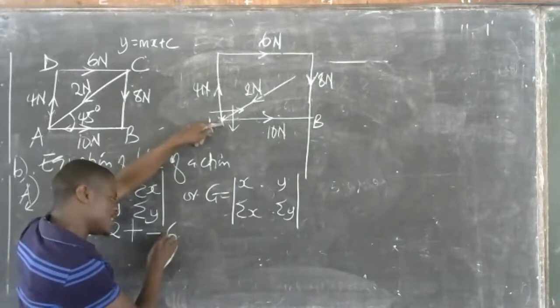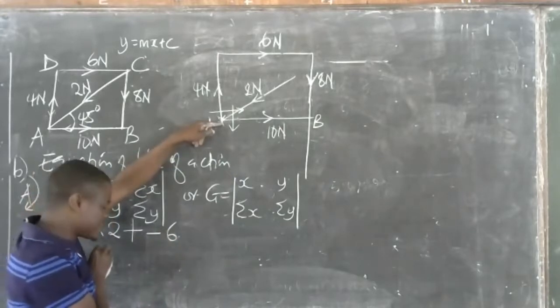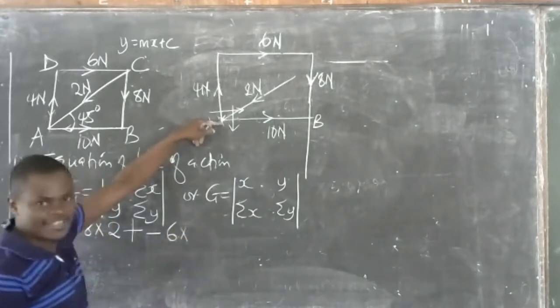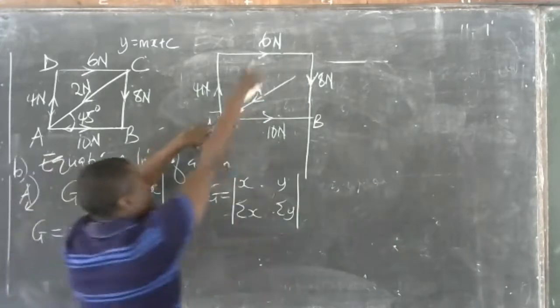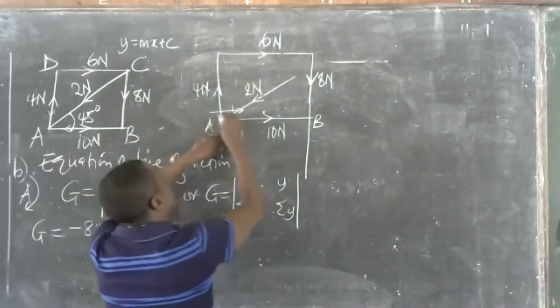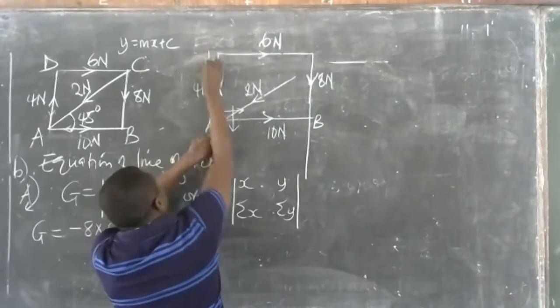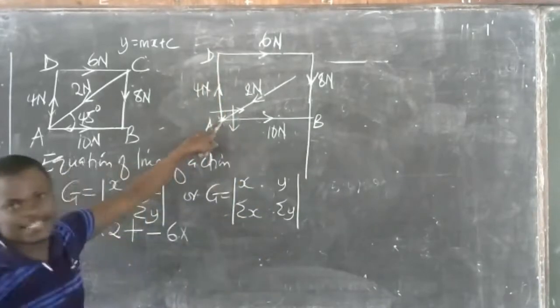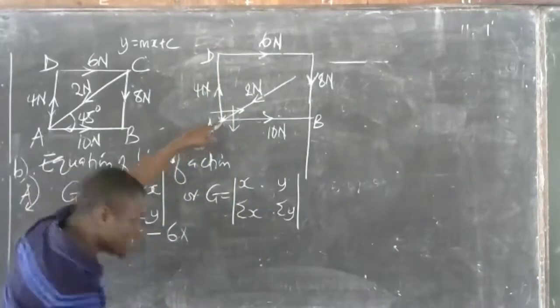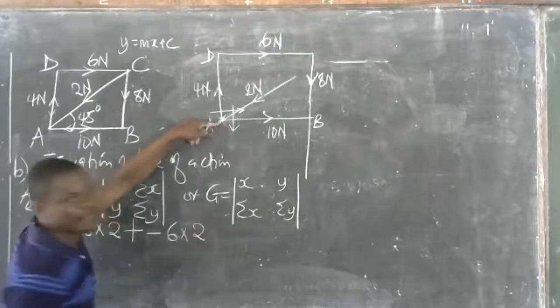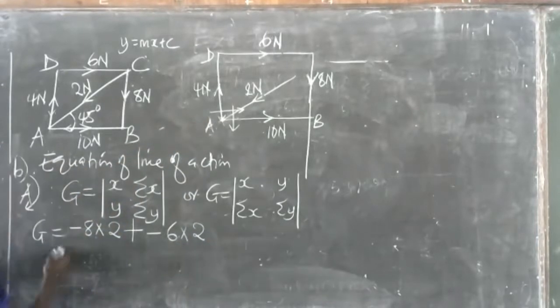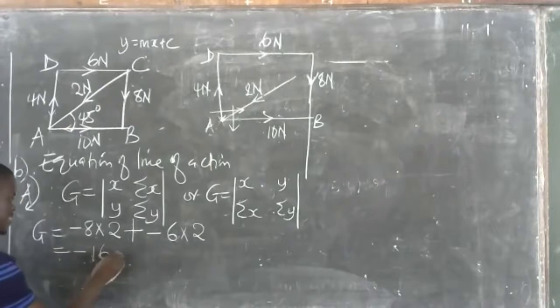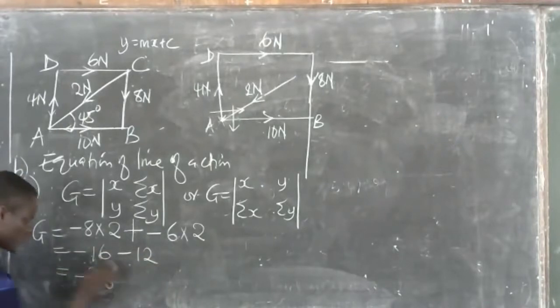A moment is the product of force, which is 6, times perpendicular distance. The perpendicular distance to the 6 Newton force above point A is the distance AD, which is also 2 units. So that's why it is times 2. This will give negative 16, negative 12, which will give negative 28.